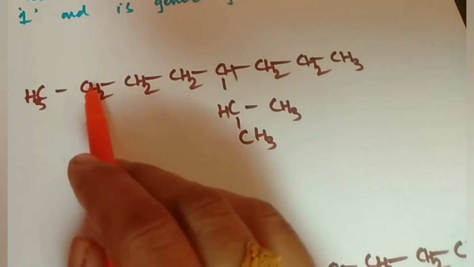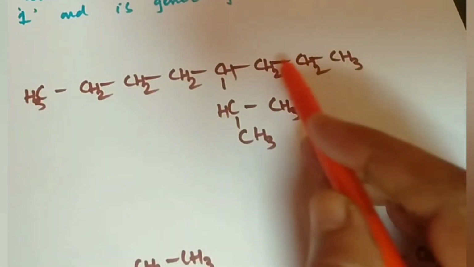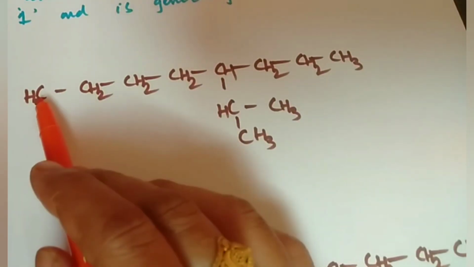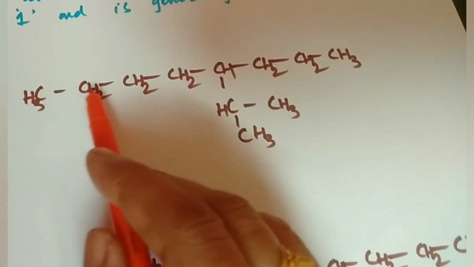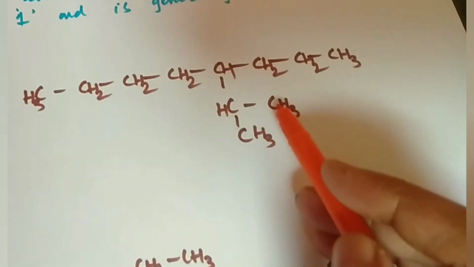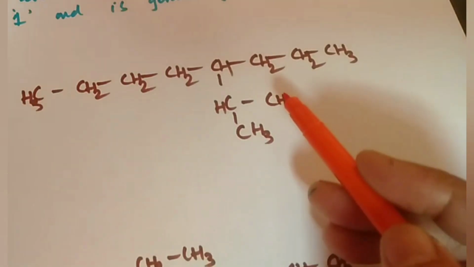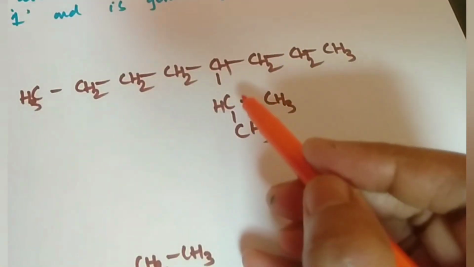See here, if I go from this side, 1 2 3 4 5 6 7 8. If I proceed, 1 2 3 4 5 6 7. If I proceed, 1 2 3 4 5 6 7. So in which way will we proceed?